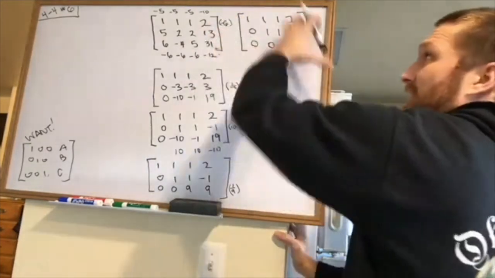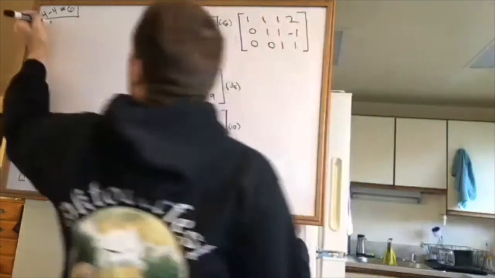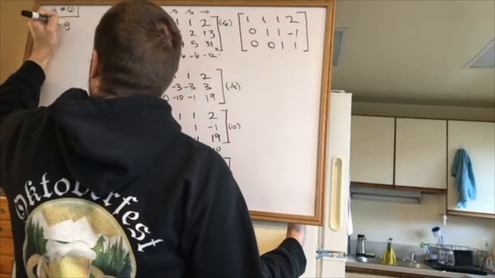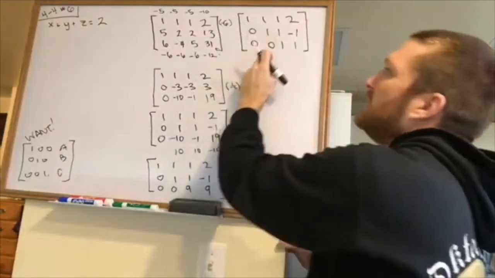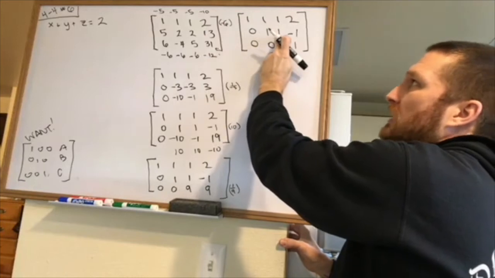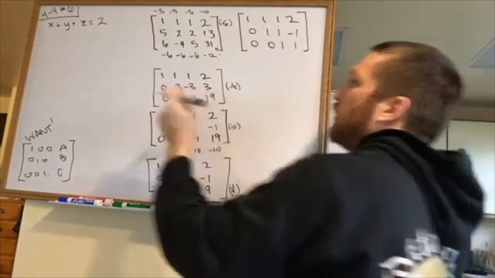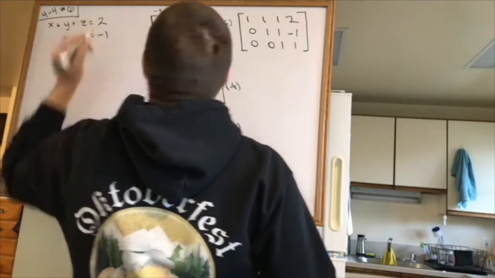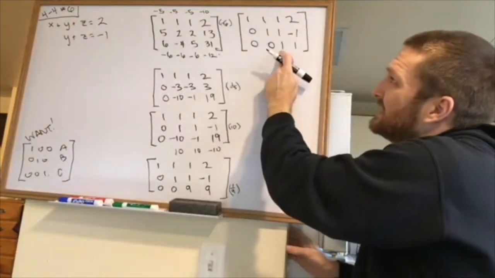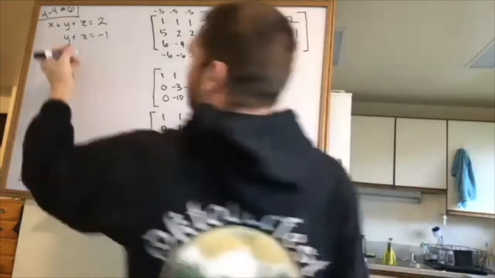That's what this means, right? We could say, okay, if x plus y plus z equals 2, this means 1y plus 1z equals -1. So y plus z equals -1. And this says that z equals 1.